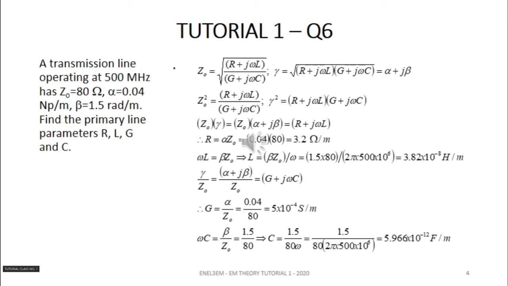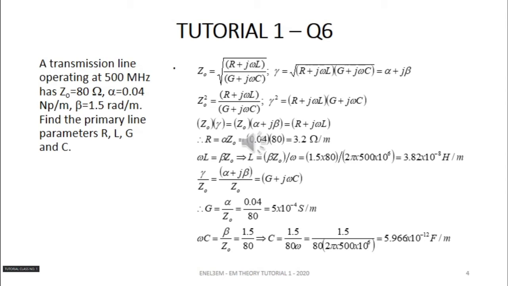Now, if you multiply Z0 by gamma, which is Z0 into alpha plus j beta, then you get R plus j omega L. Z0 times gamma simply gives you R plus j omega L. Now, it therefore means that the real part of Z0 times gamma is alpha times Z0, which in this case is 0.04 times 80, which is 3.2 ohms per meter.